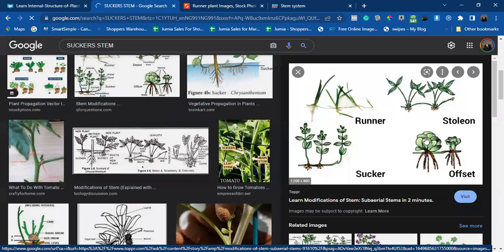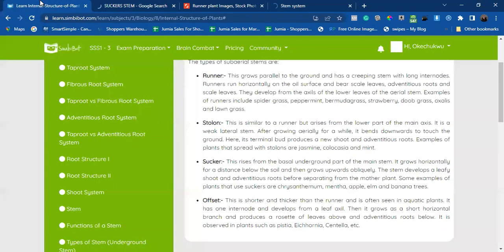Sub-aerial, which are known as stems above the ground surface. We say that the first one is runners, the second one stolon, the third one sucker, and the fourth one offset.